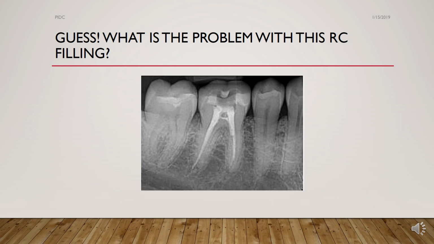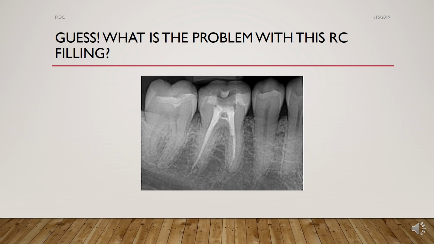In this radiograph, the operator here in the distal canal went beyond the apex. If you overestimated your working length, the filling goes beyond the apex, which may also lead to failure of the root canal treatment. How will it lead to failure?